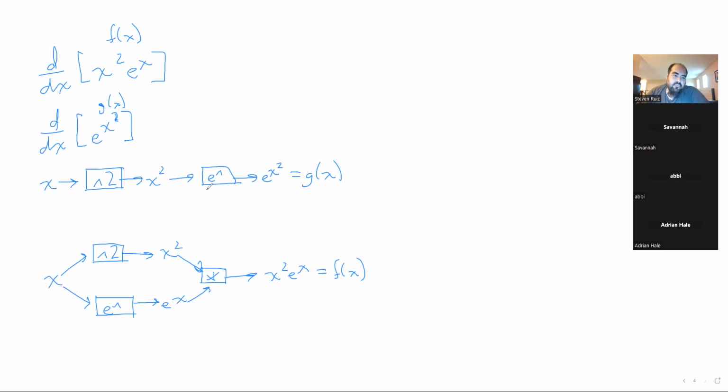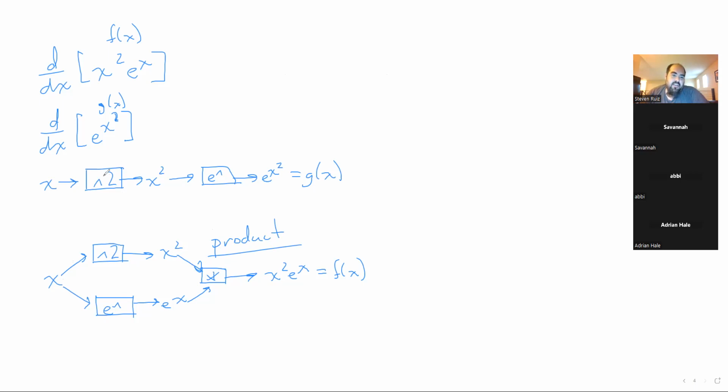Hopefully these diagrams make it a little more clear that down here I have a product, because I have this squaring function and this exponential function, and I'm finding the product of those two functions.